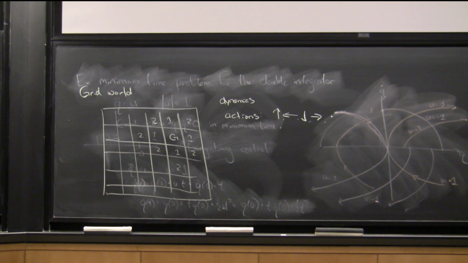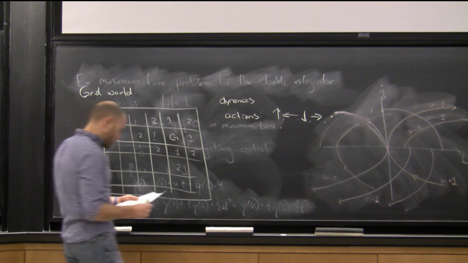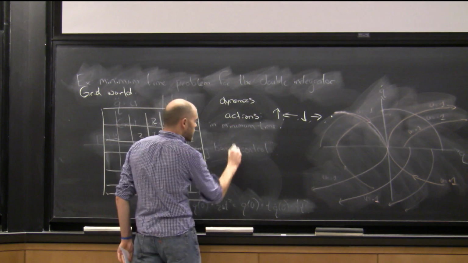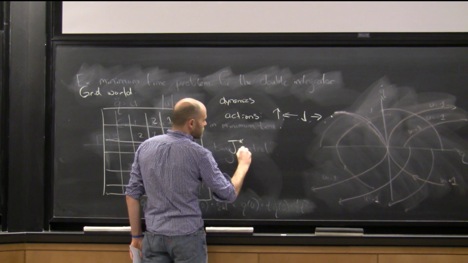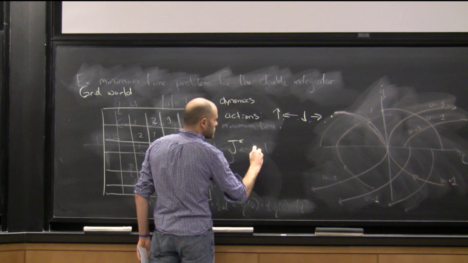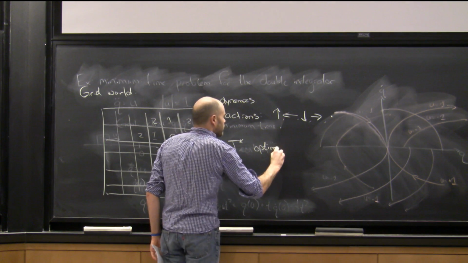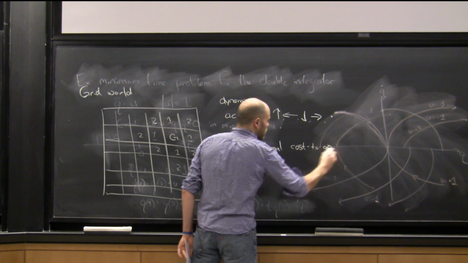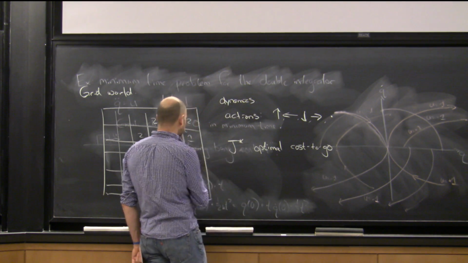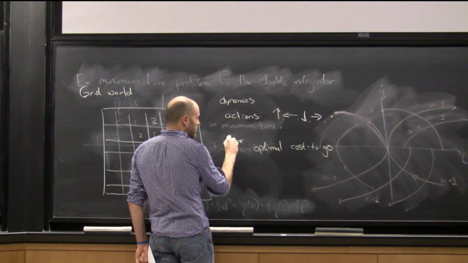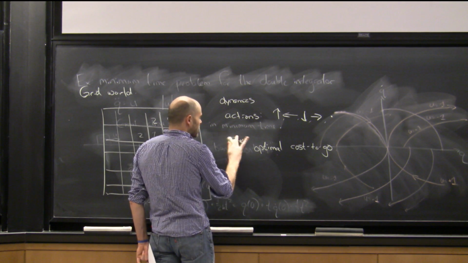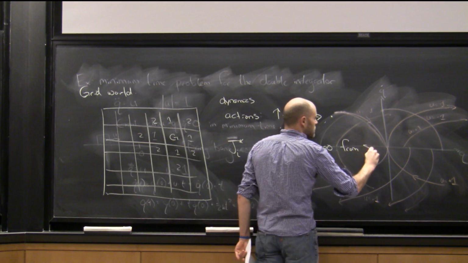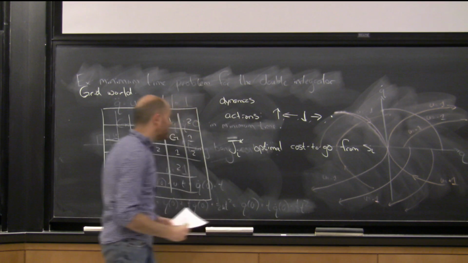Okay, so how do I get that out of a graph search algorithm? It turns out the key is to write down this total cost to go. We'll call it J. J star is the optimal cost to go. And we'll say in the discrete case, J star is actually going to be a vector where the ith element of the vector is the cost if I started in state Si.